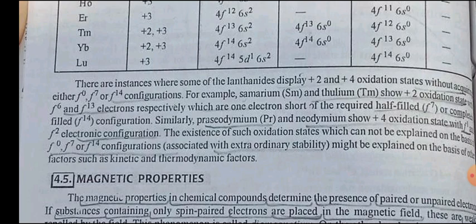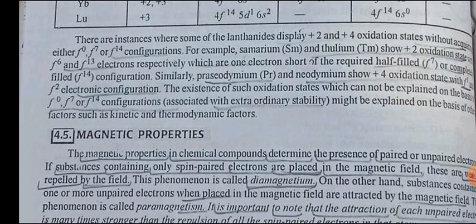Similarly, praseodymium and neodymium show +4 oxidation state without such a configuration. The existence of such oxidation states, which cannot be explained on the basis of configuration, might be explained on the basis of other factors such as kinetic and thermodynamic factors.